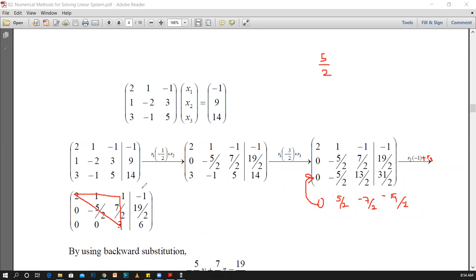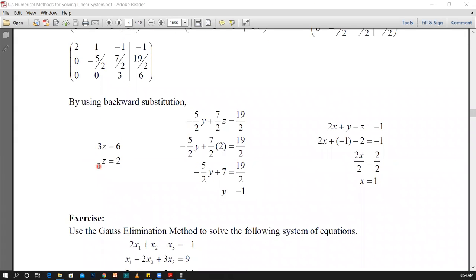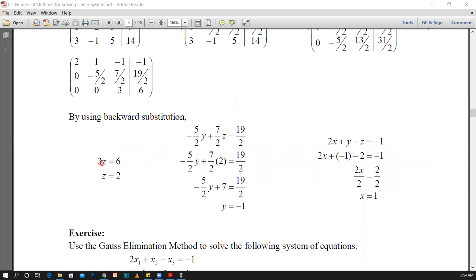Therefore, now you can use the backward substitution method to obtain the answers for x1, x2 and x3. Here, rather than using z, y and x, you have to replace them with x1, x2 and x3.